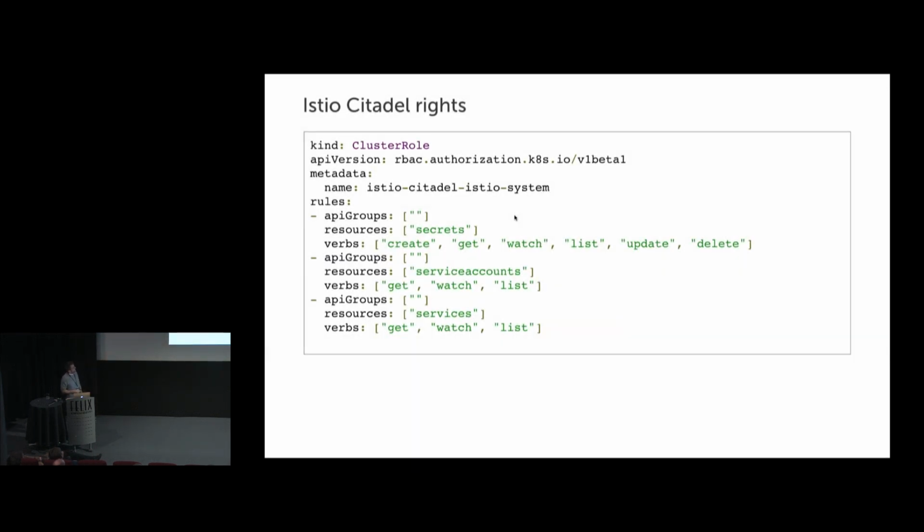So the Citadel has rights to all the namespaces on your cluster because it needs to be able to create secrets. Secrets is where it stores these certificates. And it needs to be able to watch these secrets to see what's happening through them. It also looks for service accounts and services, which we'll get back to.